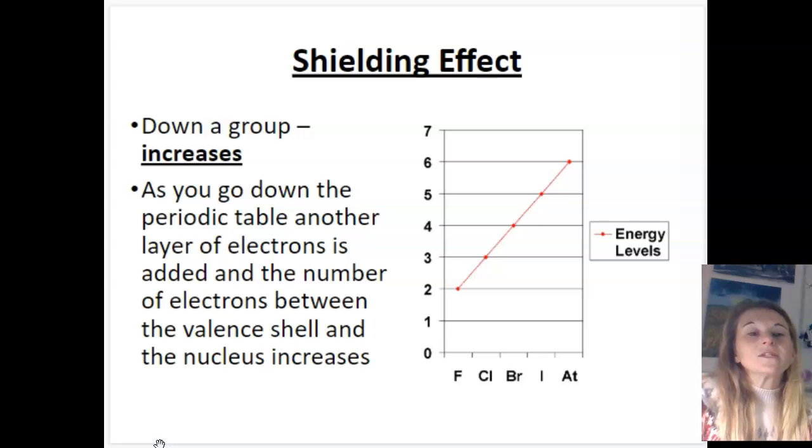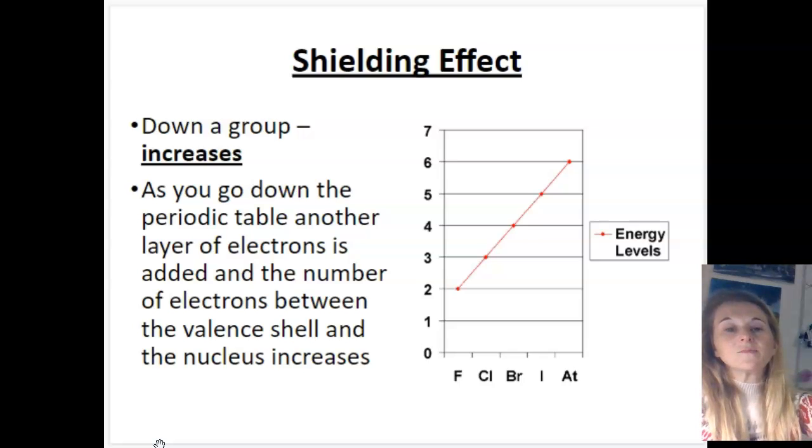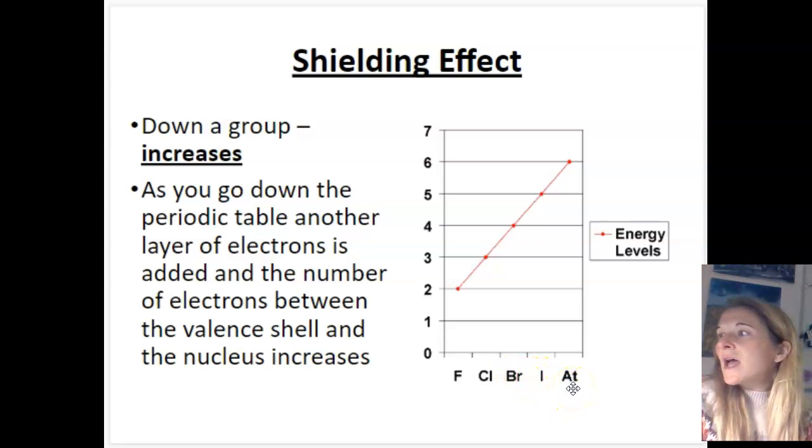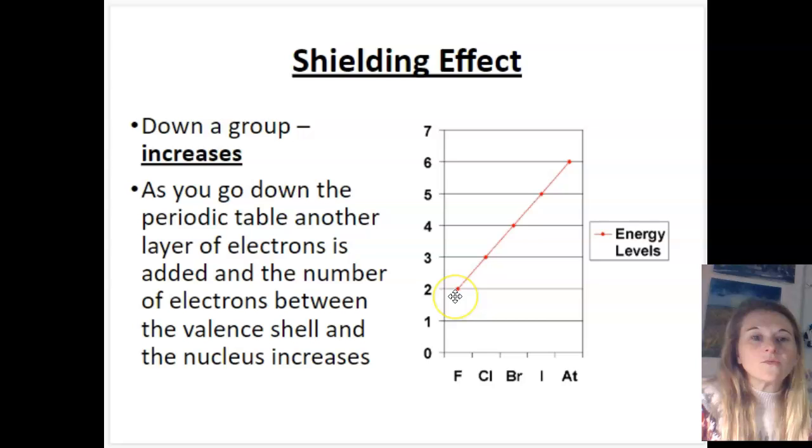As we go down a group or column, we see that the shielding effect increases. This makes sense because we are adding electrons at different energy levels. Here we're looking at column 7, with fluorine, chlorine, bromine, iodine, and astatine.